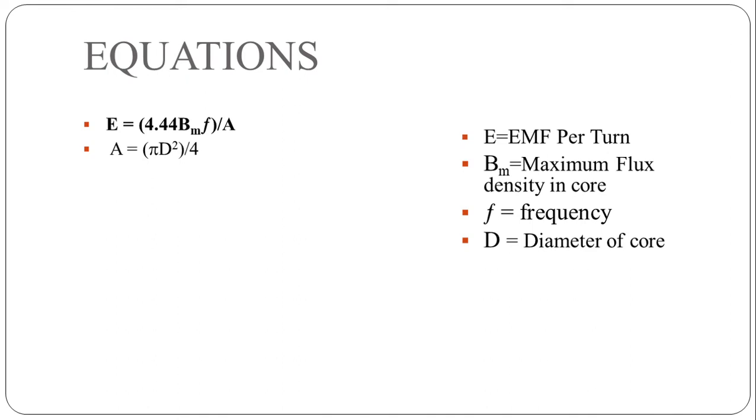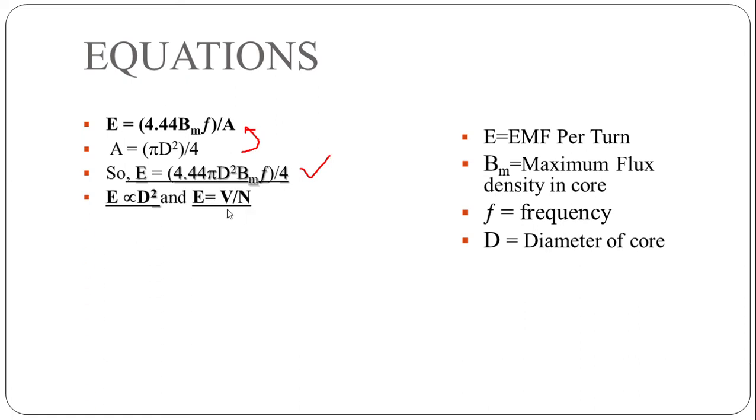We can write the area of the core as pi d square by 4, where d is the diameter of the core. On putting this area A in the equation of EMF, we get E = 4.44 pi d square Bm f divided by 4.